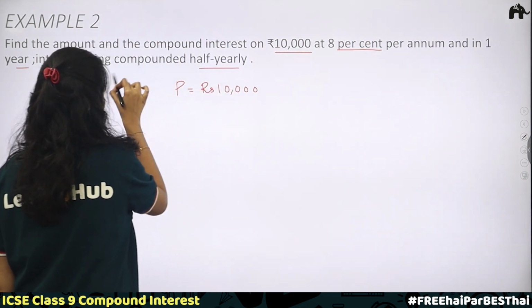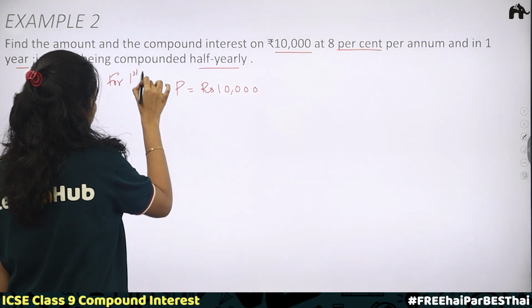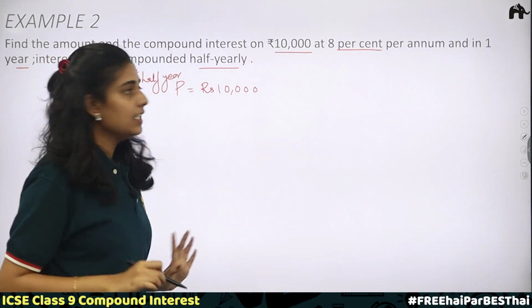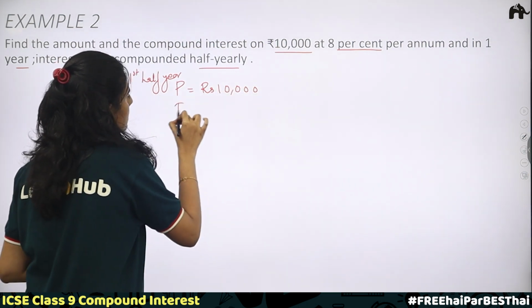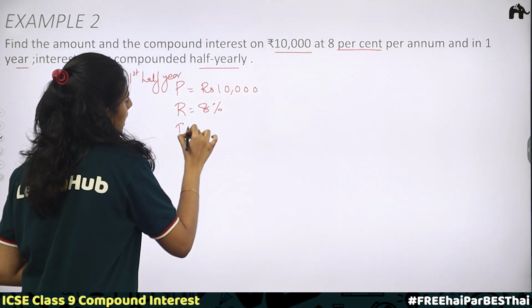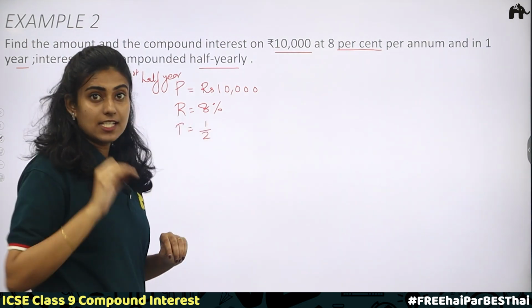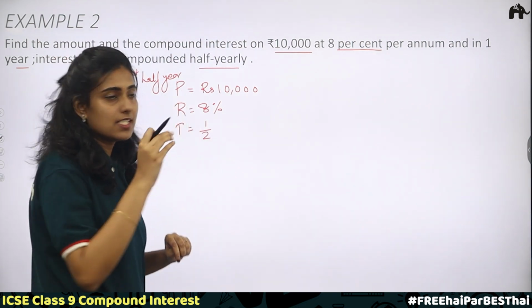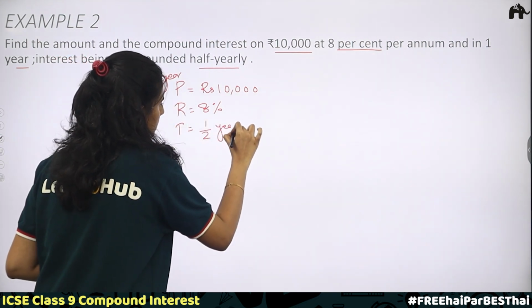This is for the first half year. For the first half year, the principal is rupees 10,000. Then rate of interest is given, which is equal to 8%. Time will be half, that is 6 months. 1 year has 12 months, so 6 by 12 is equal to 1 by 2 years.